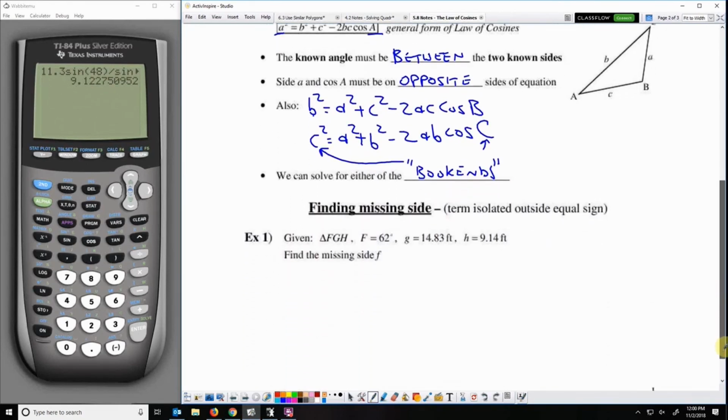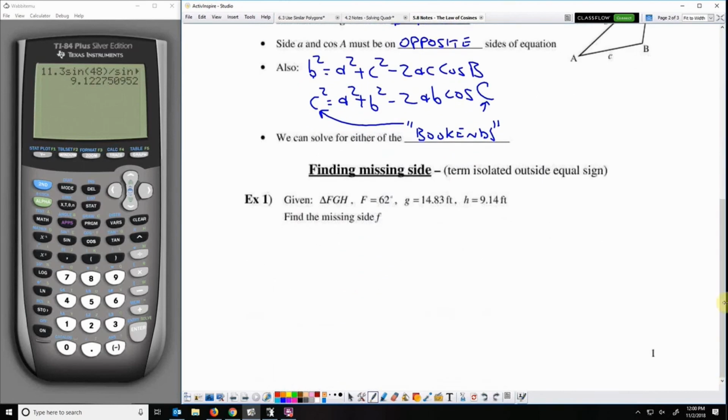All right, so let's try actually using the law of cosines. So we've got triangle FGH. Given angle F is 62 degrees, side G is 14.83 feet, and side H is 9.14 feet.